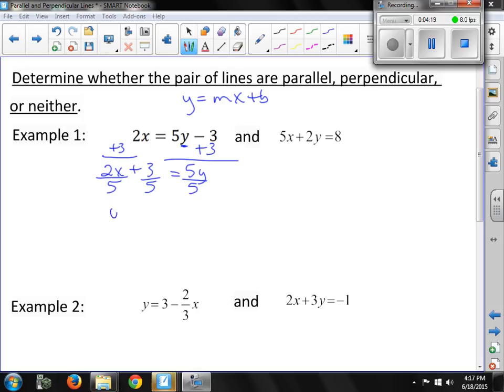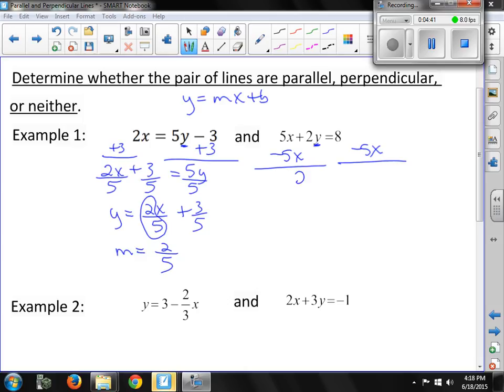Now let's put it as y on this side. y equals 2x over 5 plus 3/2. Remember, what's in front of the x is my slope. My slope on this one is 2/5. This one we're going to solve for y, so I'm going to subtract 5x from each side. 2y equals -5x plus 8.